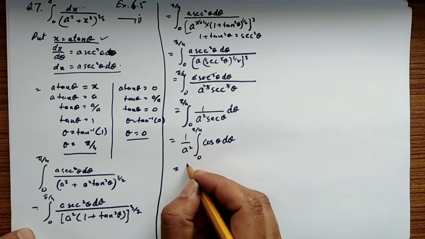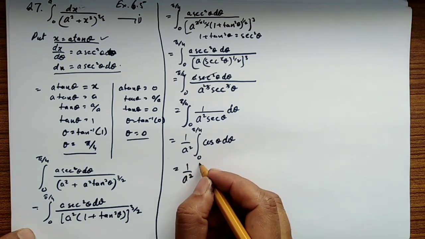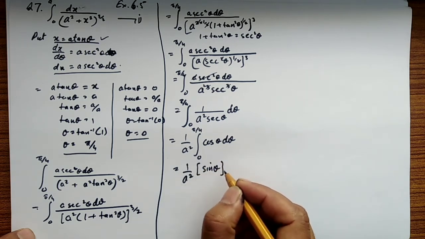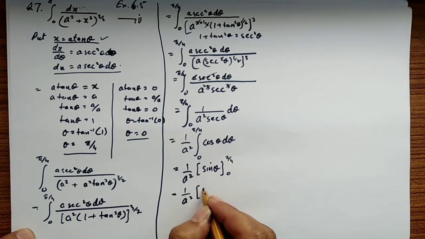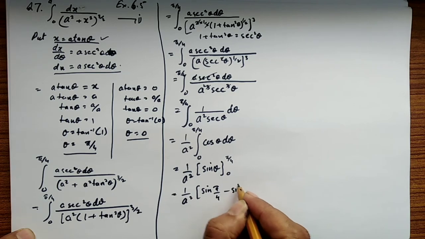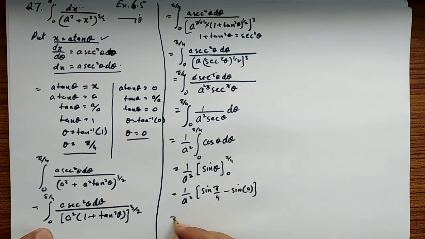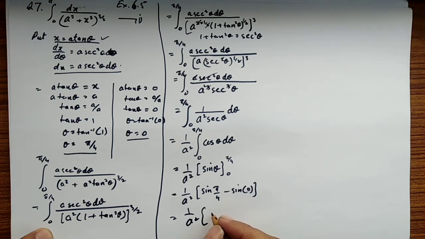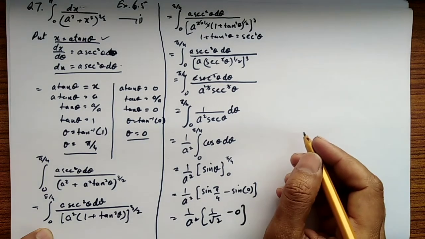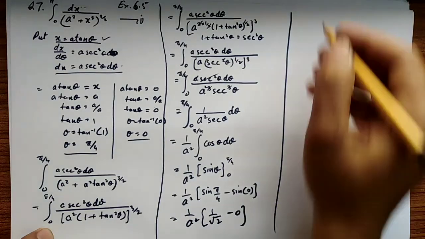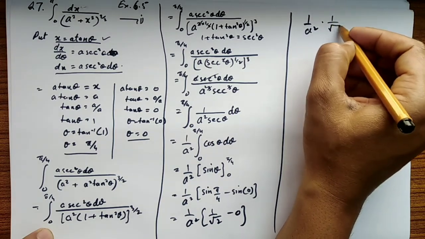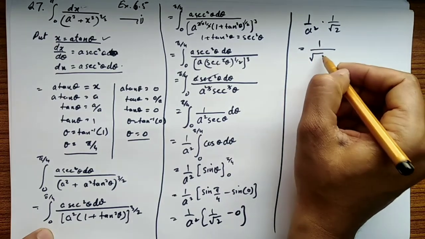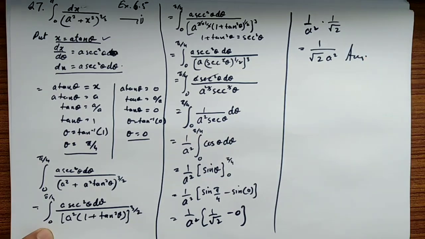So the integral of cos theta is equal to sin theta, from 0 to pi upon 4, and that is 1 upon a square, sin pi upon 4 minus sin 0, and this will further give us an answer like 1 upon a square, sin pi upon 4 is 1 upon root of 2, minus 0, and we can write this in a very simple way now. 1 upon a square, and left with here 1 upon root of 2, and simply now we can write it as 1 upon 2a square. This is our simplified answer.